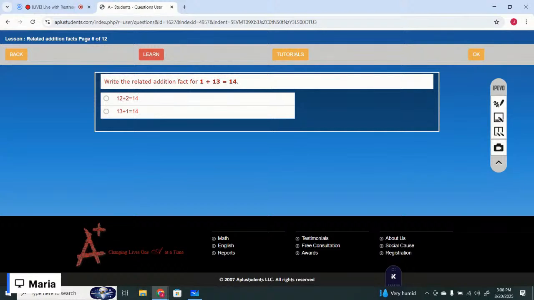Write the related addition fact for 1 plus 13 equals 14.